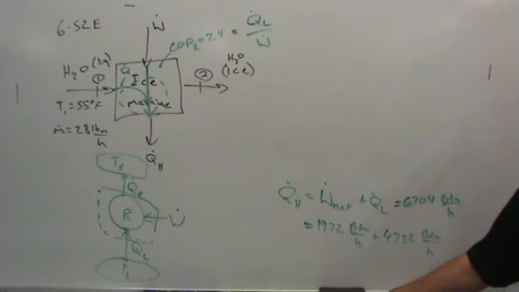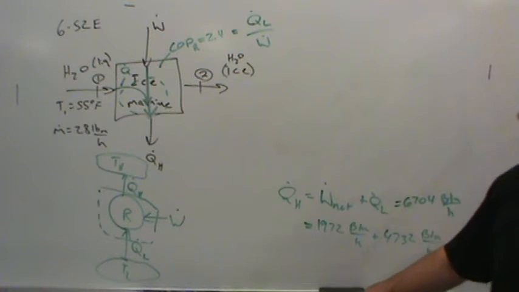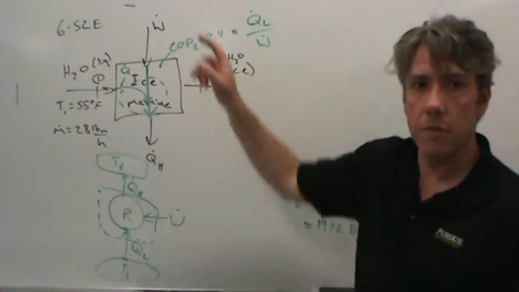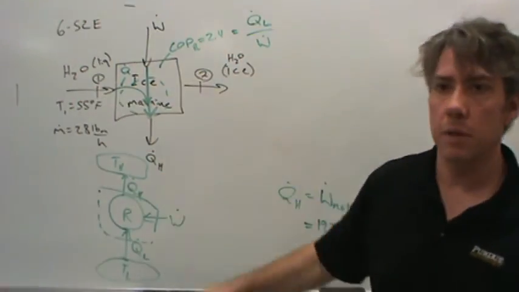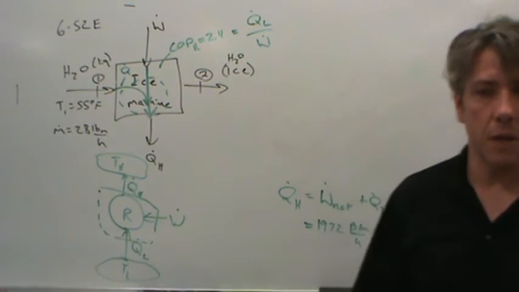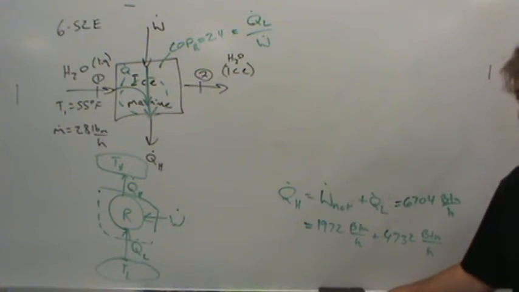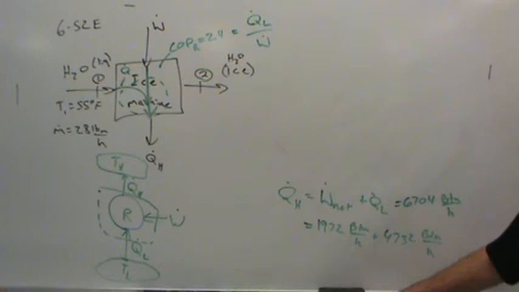Now that's actually more efficient from a standpoint of your electric bill, because you're not just taking in electricity and converting it all to heat. Instead you're using it to scavenge some heat and put both of them into the hot water, which is a good thing. Well, at least it's a good thing in the wintertime if the thing's in your house. It's a bad thing in the summertime, right?